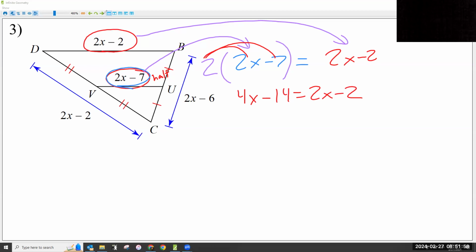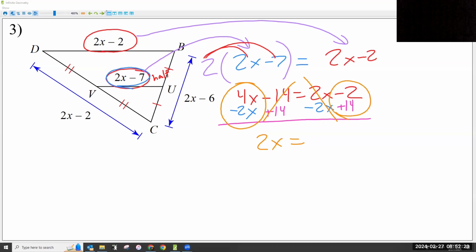Let's see here. I'm going to subtract my 2x from both sides. And if I'm going to subtract 2x from both sides, that means I'm going to add 14 to both sides. So those cancel out. Those cancel out. 4 minus 2 is 2x.